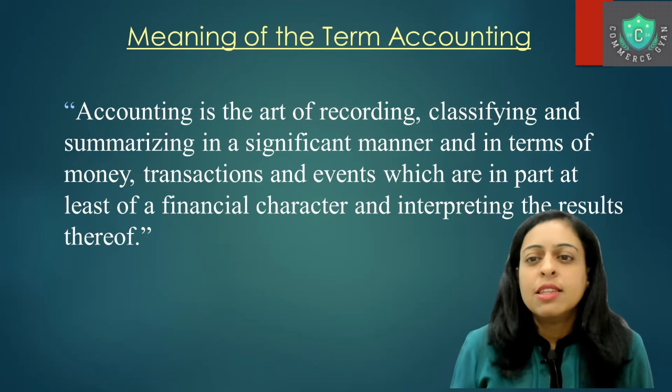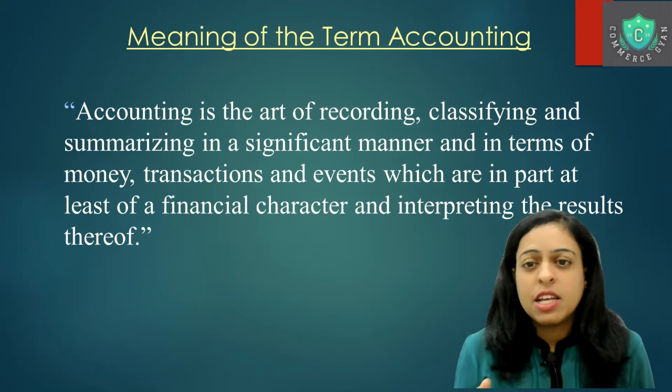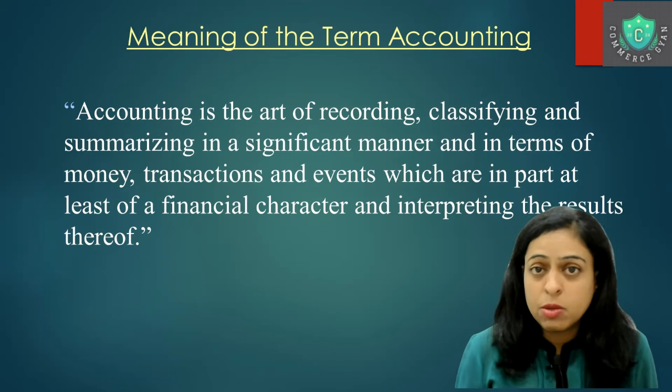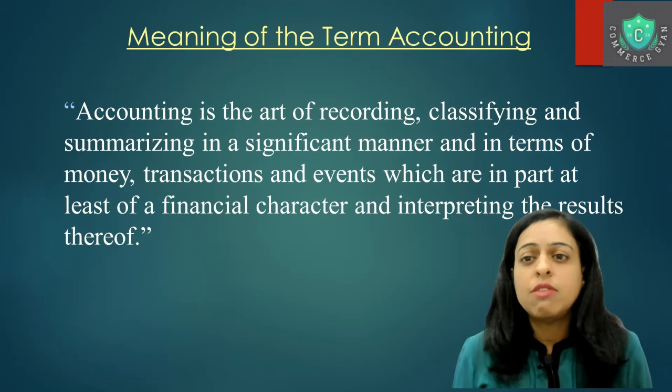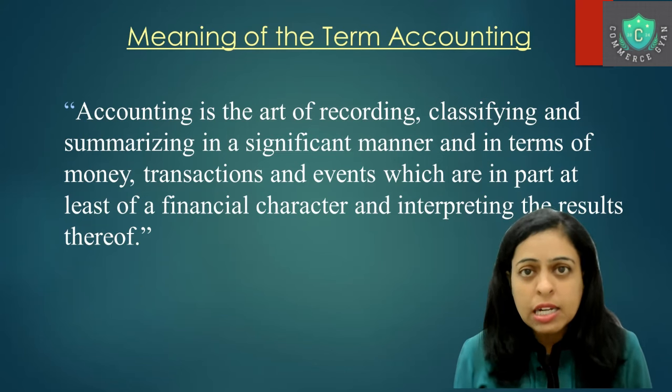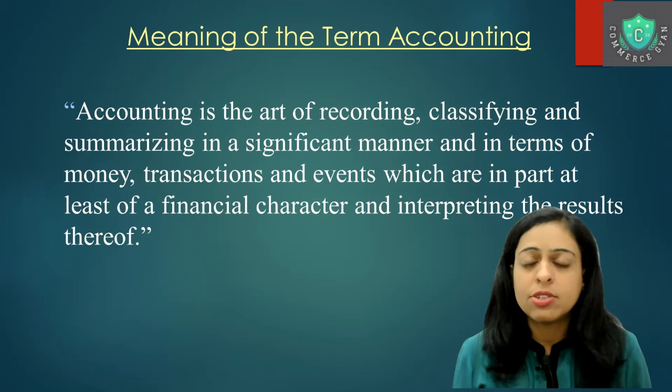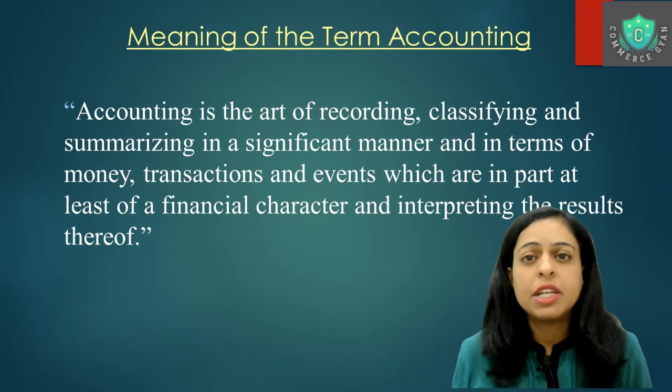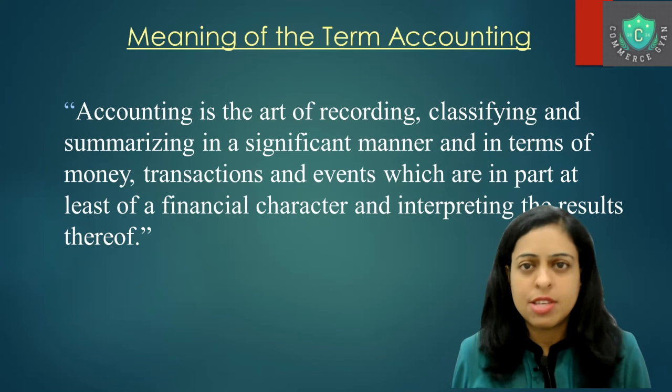Okay. Then comes the next part, that if you're saying it should be convertible in terms of money, transactions and events which are in part at least of a financial character, and then you will be interpreting the results.